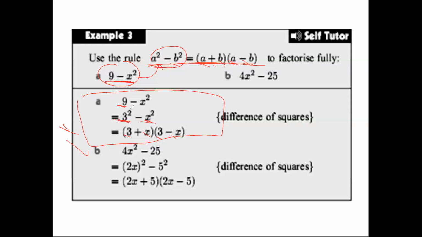Now it does resemble that. 3 squared resembles the a squared, and x squared resembles the b squared. So we can apply the rule that a squared minus b squared is equal to a plus b, a minus b. Our a is like 3 and our b is like x. So you fill in 3 in the place of a and x in the place of b, and it's done.